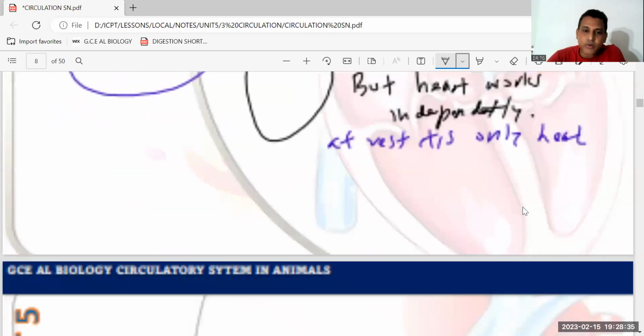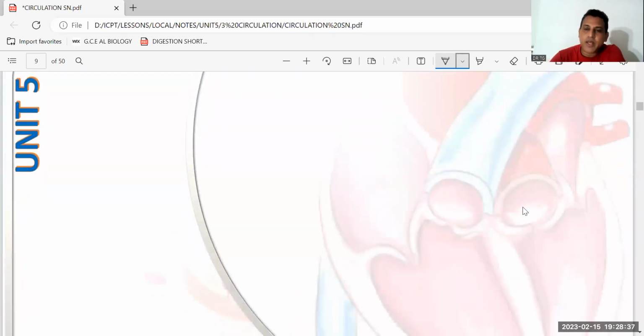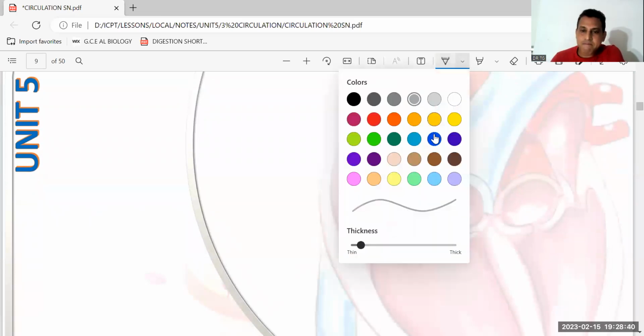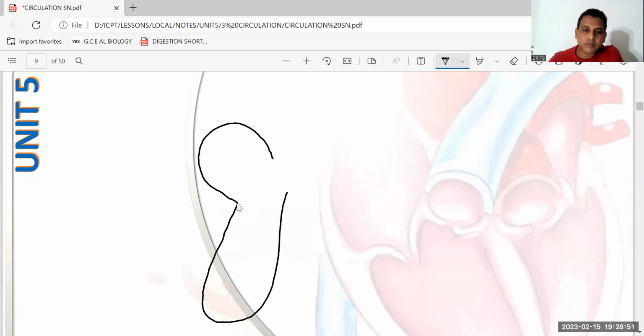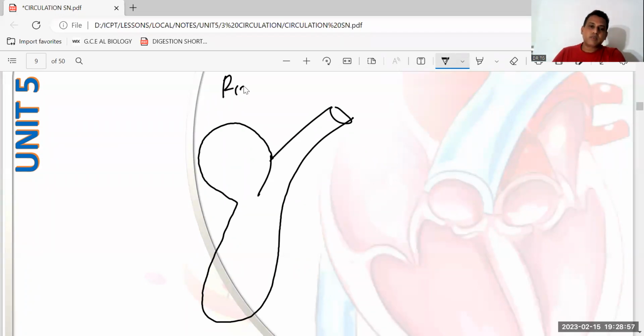Okay, so now we come straight to that place. If we take the right side of the heart, this is the muscles of the atrium, and this is the muscles of the ventricles.